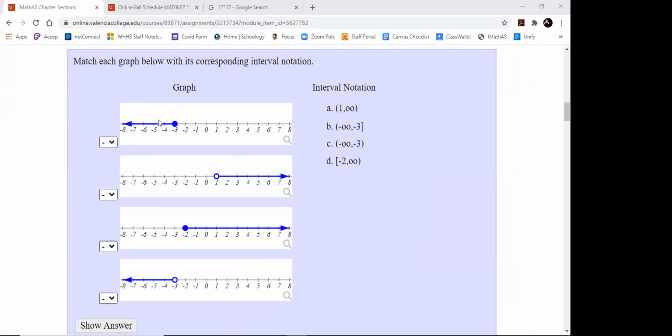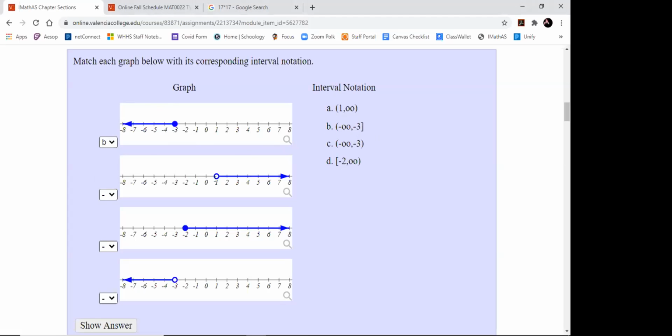Our first one has a solid circle on -3, which should immediately clue you in that it needs a bracket. Which one has a bracket and a -3? B, exactly. Just by looking at a few pieces of key information, you can find out which one is the right answer.